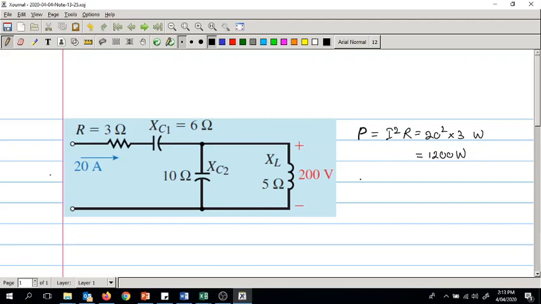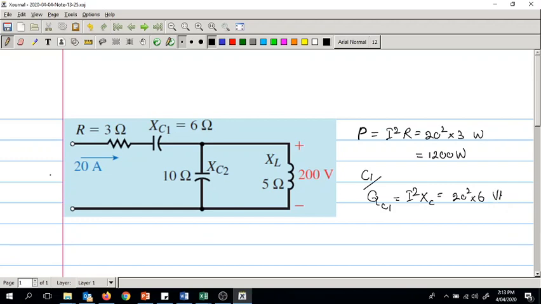Now let's take individual components. For C1, we will say QC1. QC1 is equal to, again we know the current, so we can use I squared XC. I squared is 20 squared into 6.